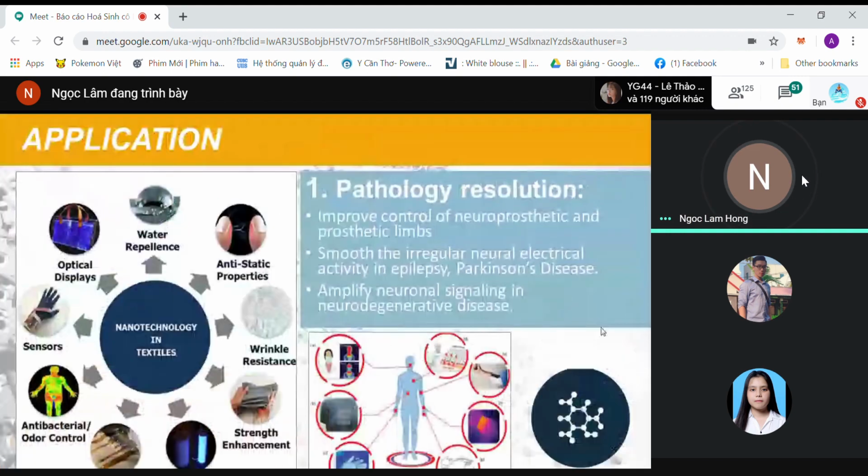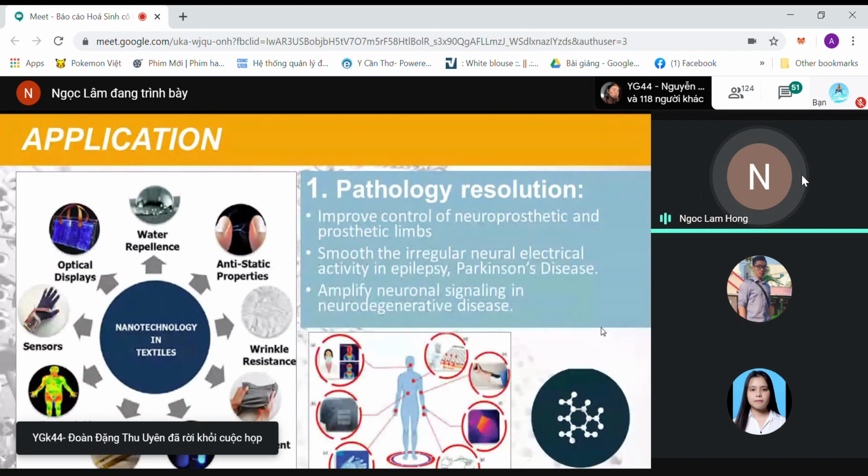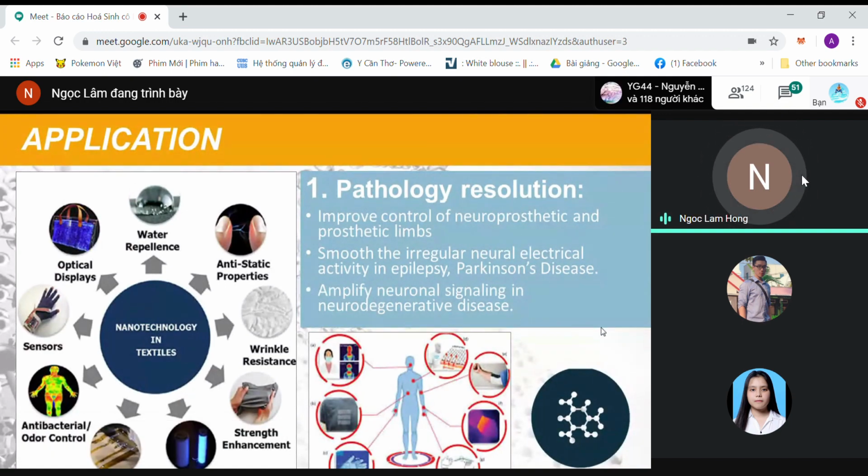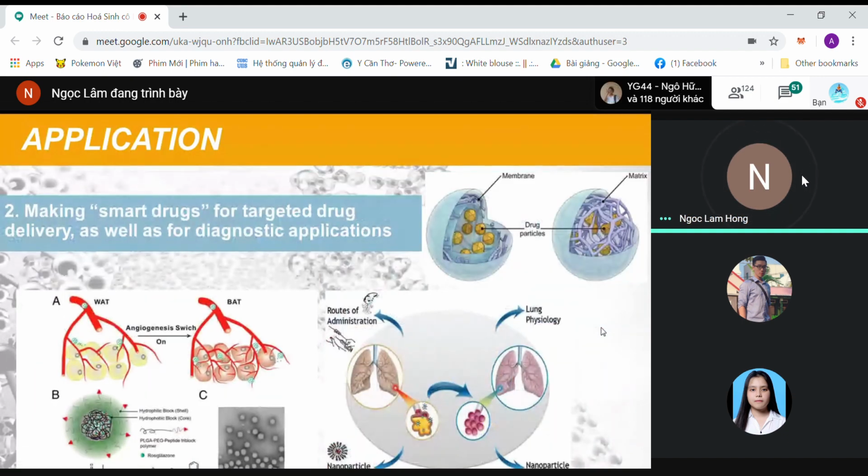And about its applications, the first one is pathology resolution, to improve control of neural prosthetics and prosthetic limbs, or smooth the irregular neuroelectrical activities, or amplify neuronal signaling. The second application is making smart drugs for targeted drug delivery, as well as for diagnostic applications.